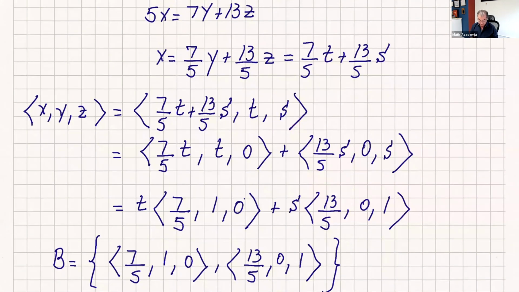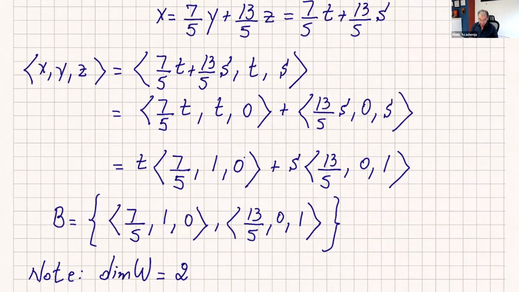So this is going to be 7 over 5 t, and there is no t in the third component, so you put 0, plus 13 over 5s, and this doesn't have an s, so it's 0, and you put your s here. Factor out t, so you get 7 over 5, 1, 0, factor out s, you get 13 over 5, 0, 1.